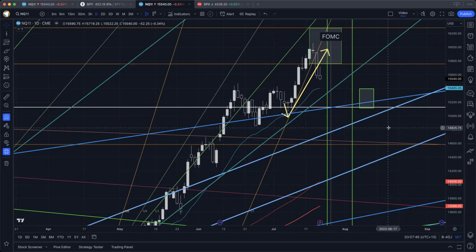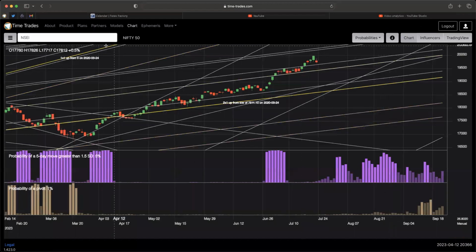But before I do that, I want to show some enhanced features within Time Trades involving planetary lines. I've been investing some time and effort here in Time Trades to improve the experience in working with planetary lines.